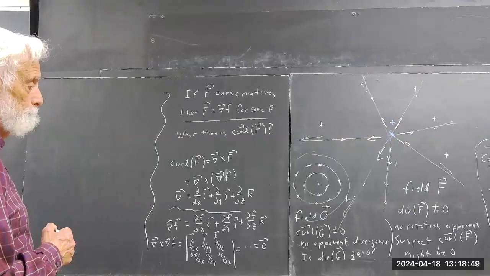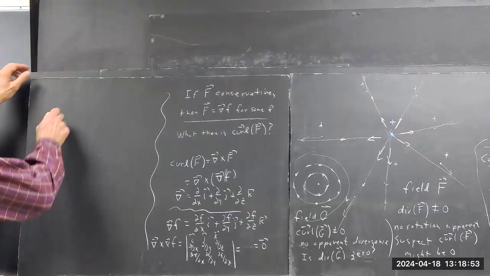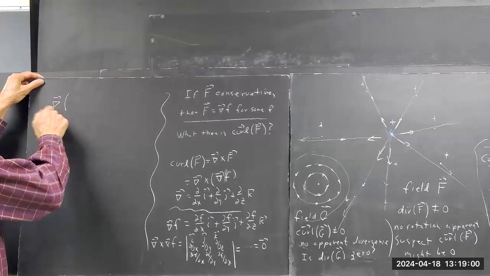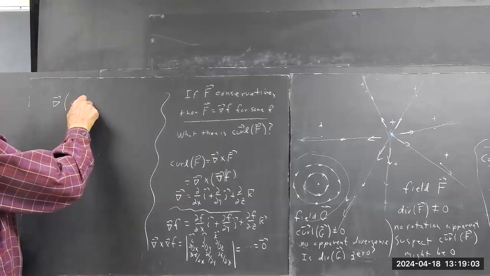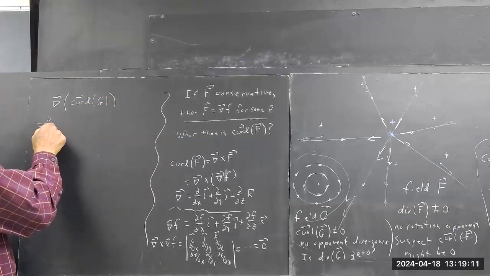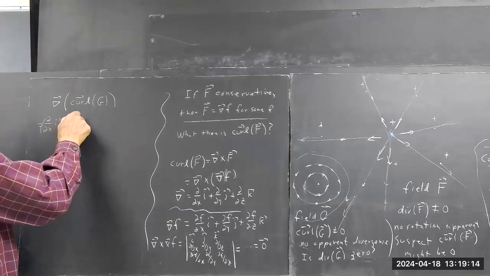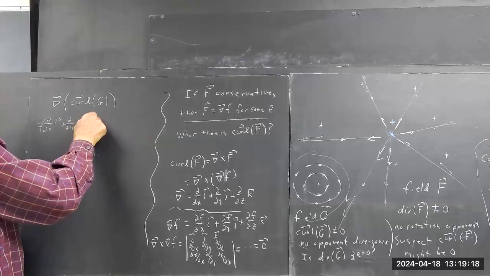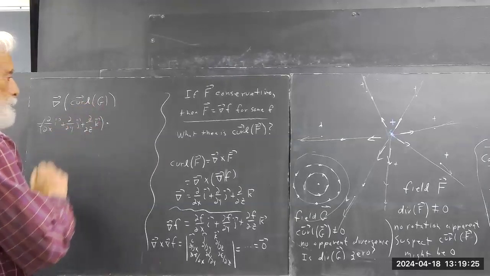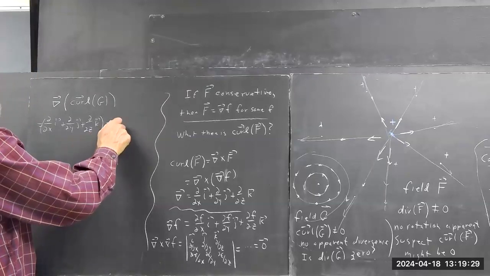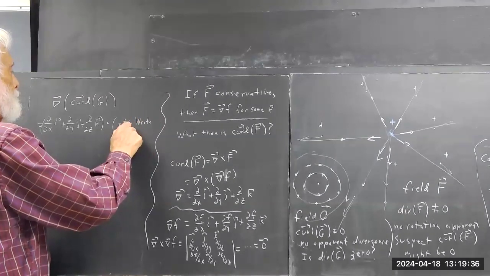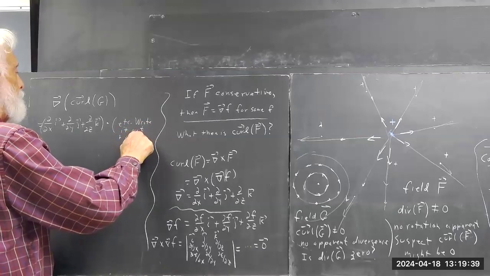Also, what about the divergence of the curl of G?